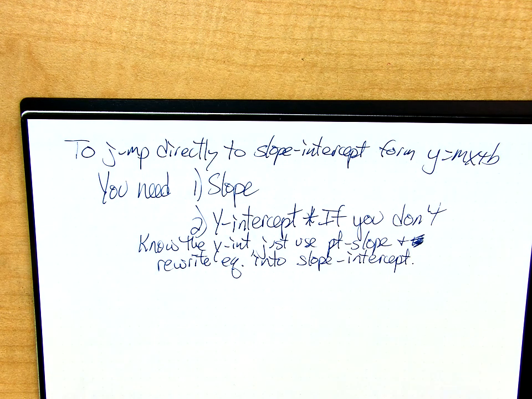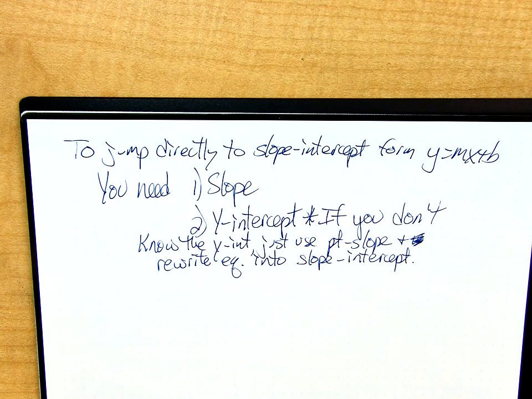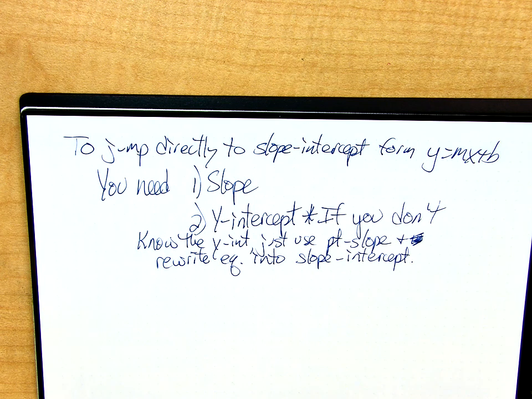Okay, so again, you can only do this shortcut if you know the slope and the y-intercept. If I don't know the y-intercept, I can't do this. I'm just going to start with point slope and go from there. Okay, let's try one. Say I gave you a graph like this.